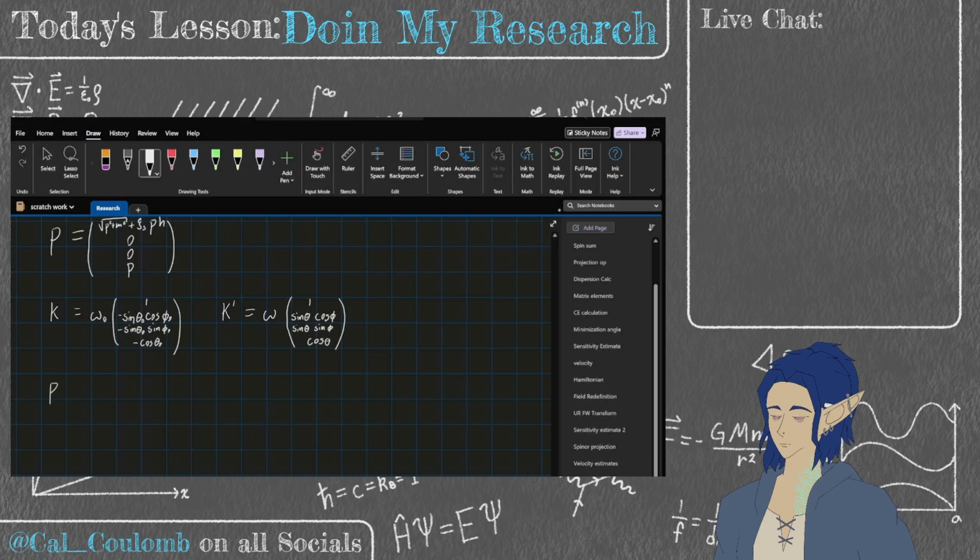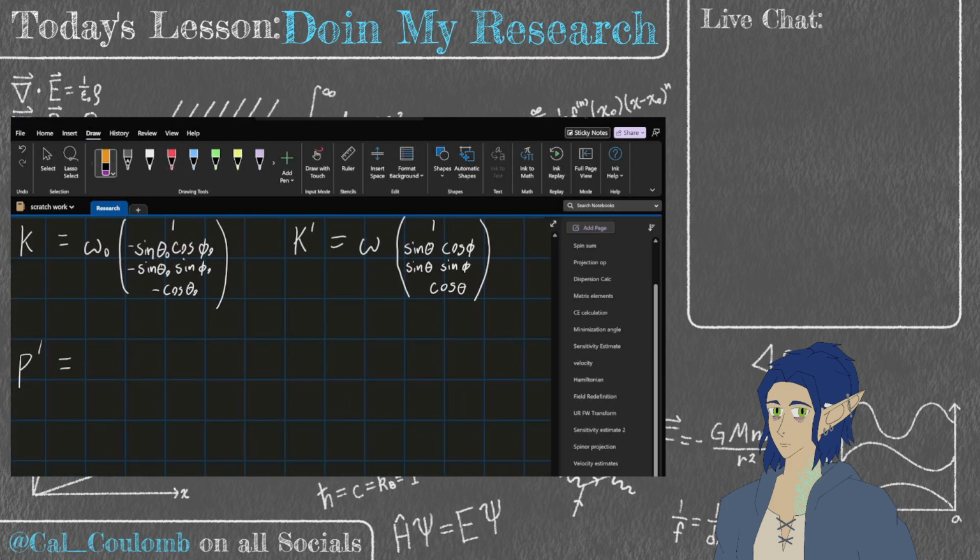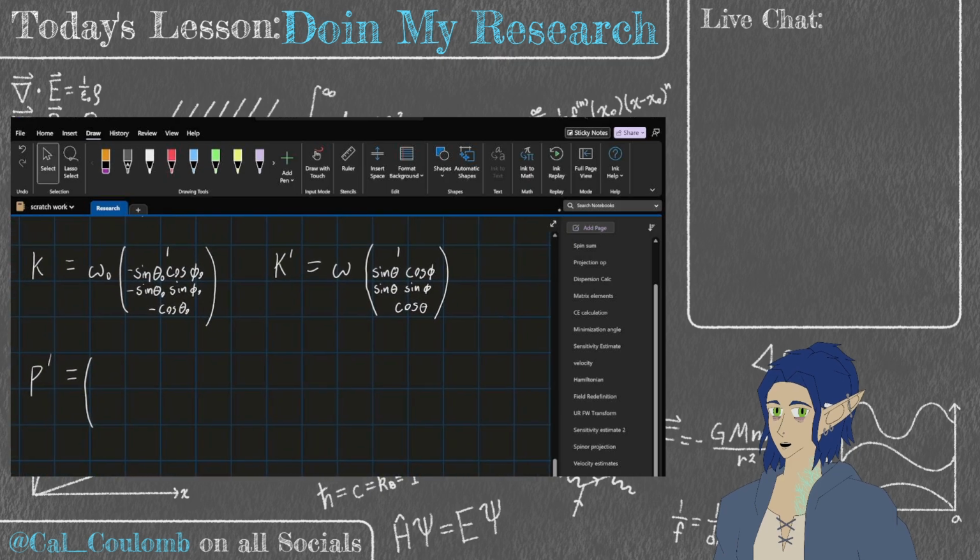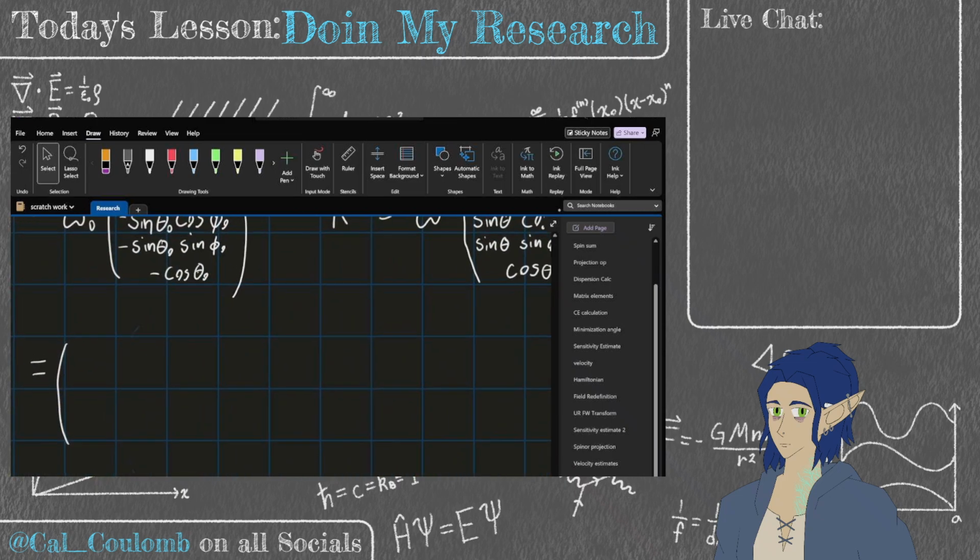And so then our P prime is going to be whatever it needs to be to conserve energy and momentum.